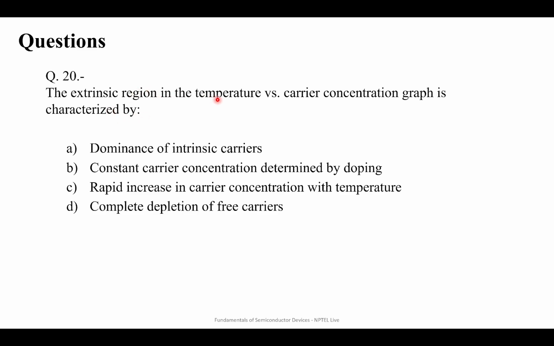The extrinsic region in the temperature versus carrier concentration graph is characterized by dominance of intrinsic carriers, constant carrier concentration determined by doping, rapid increase in carrier concentration with temperature, or complete depletion of free carriers.